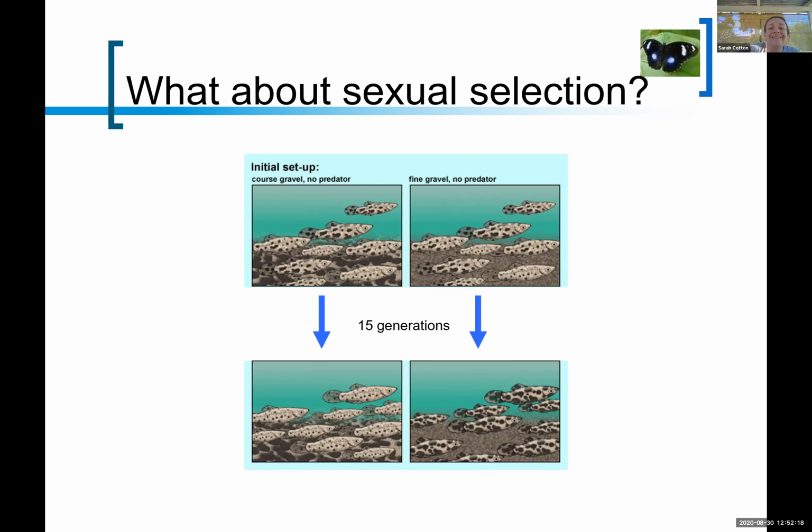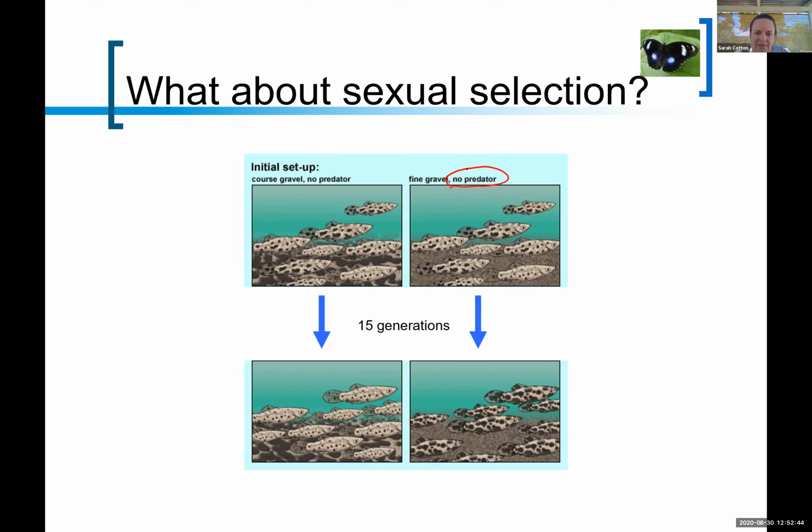All right, let's say here that it's our guppies again, right? So we're doing another guppy experiment. What's different this time? So we still have our diverse population of guppies that's been split into two tanks. One tank has sandy gravel, the other one has coarse, pebbly gravel. The only difference here is we don't have a predator, okay?